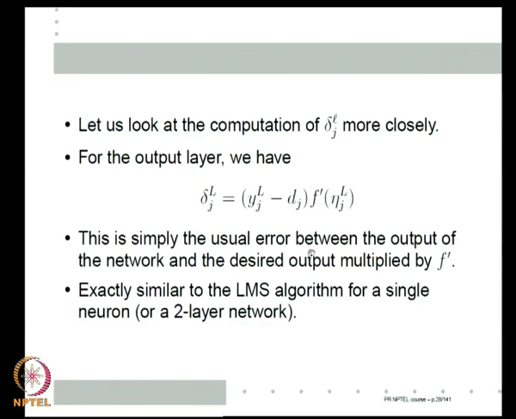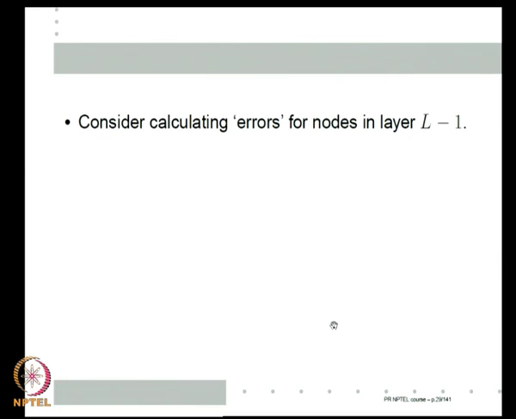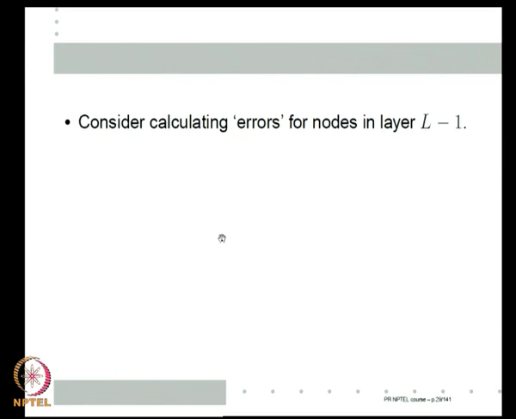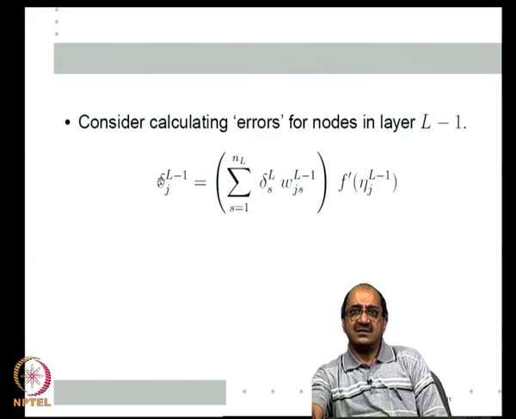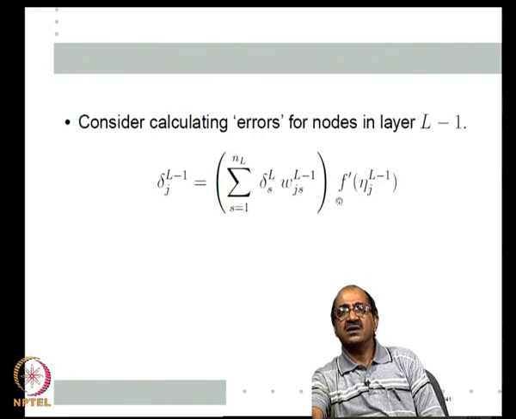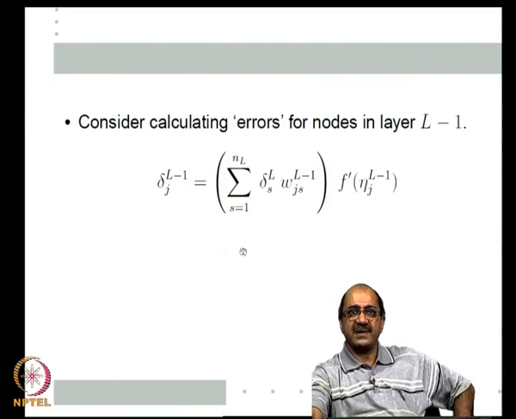So, this is understandable. Now, because we have a recursive formula, once we know all the errors at layer L, we can calculate the errors of nodes in layer L minus 1. So, let us look at that recursive formula. If I want the error at node j in layer L minus 1, then it is some linear combination of errors of nodes in layer L, ultimately multiplied by f prime of this particular node. That does not come with the summation, we keep it separately.